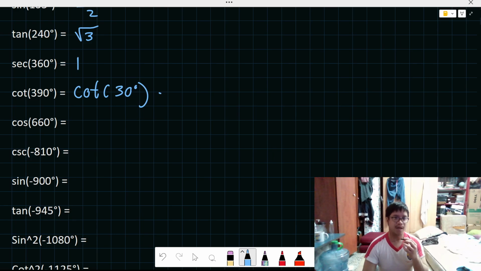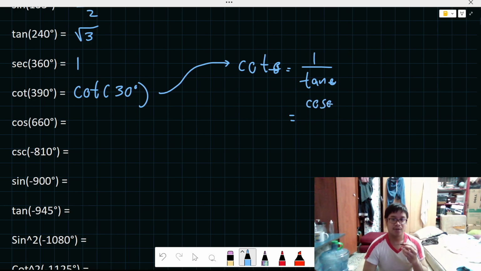So we're going to apply the reciprocal identity for cotangent. Cotangent theta is equal to the reciprocal of tangent theta, or 1 all over tangent theta. And we can simply have cosine theta all over sine theta instead.